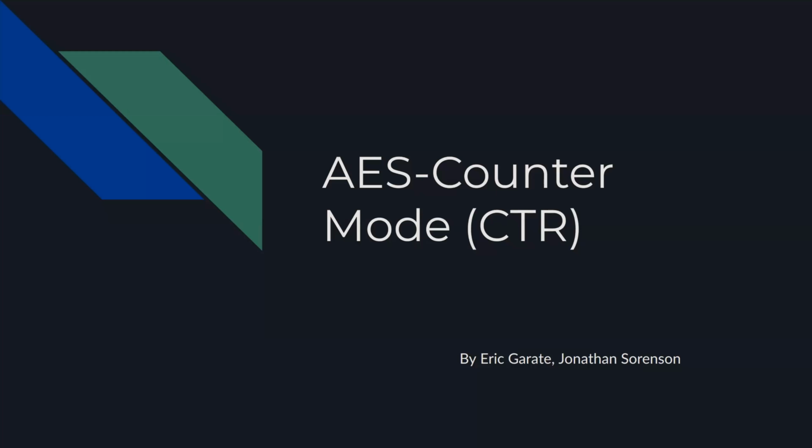So it will be me, Jonathan Sorensen, and Eric Karate. We decided to do our project on AES counter mode and basically programming it to implement it. So first I'm going to go into what counter mode really is.